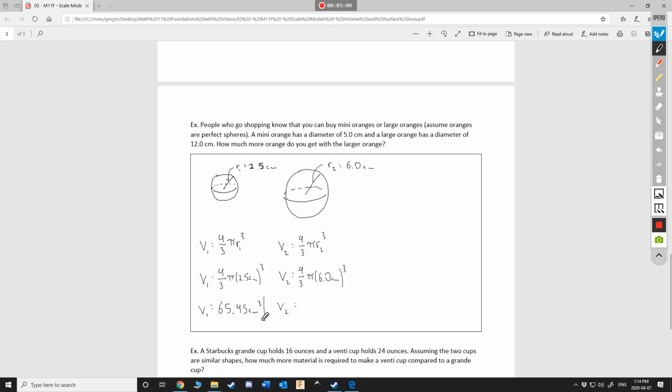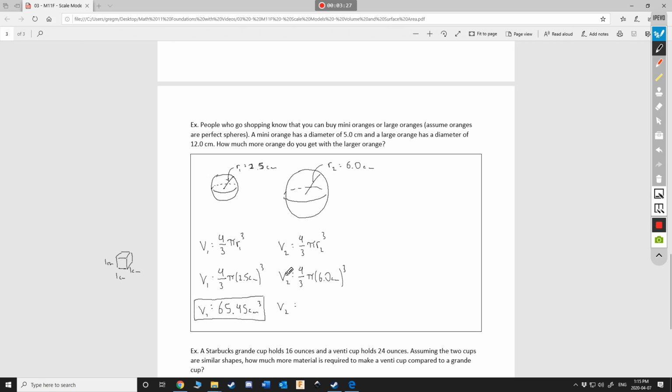That's the volume of this orange. Now, what does it mean to be a centimeter cubed? Well, if you measure a cube that is 1 centimeter by 1 centimeter by 1 centimeter on a side, it's saying that 65.5 of those would fit inside one of these oranges.